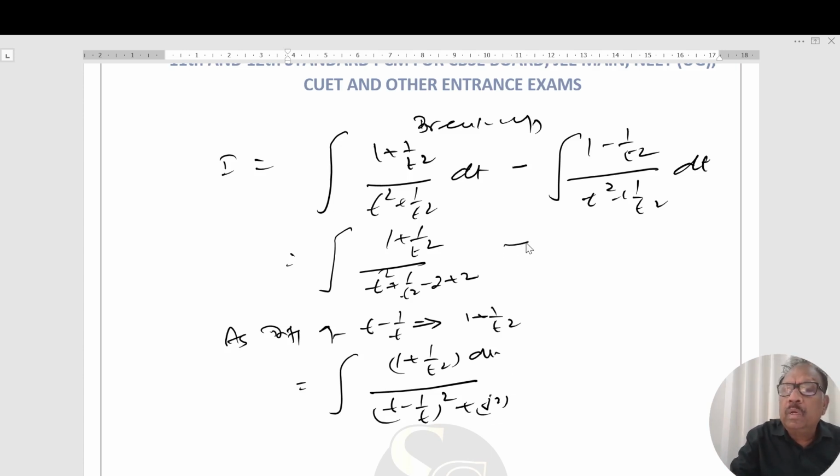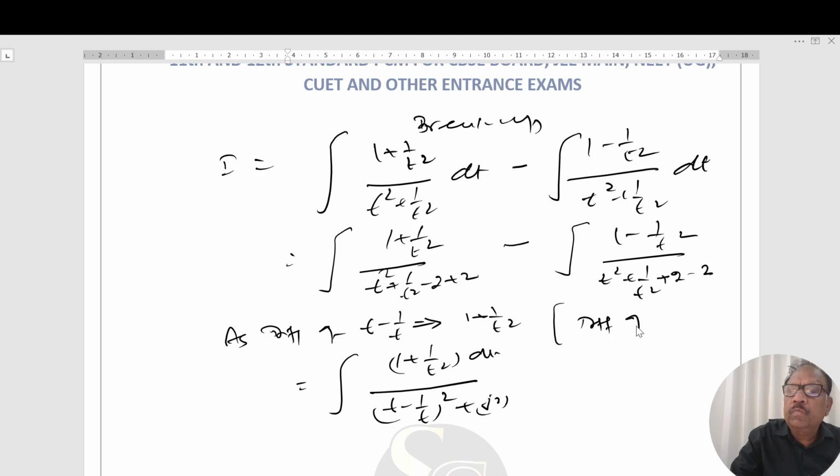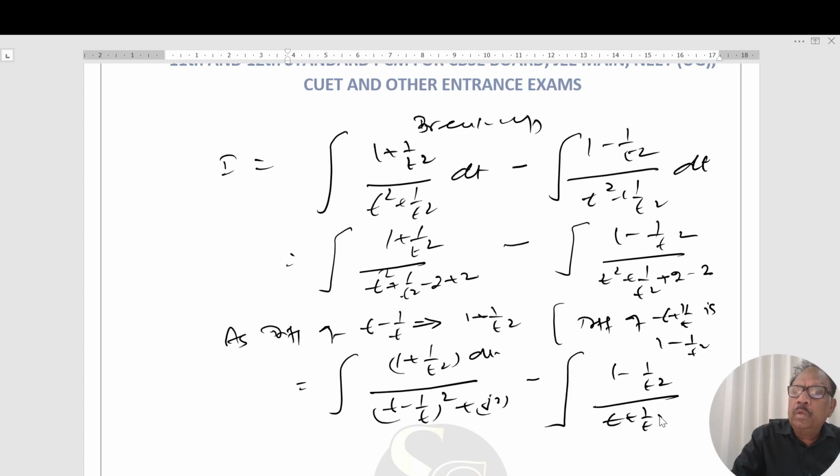Similarly here, minus, t square plus 1 over t square minus 2 plus 2. Differentiation of t plus 1 over t is 1 minus 1 by t square. So making a perfect square in the denominator, 1 minus 1 by t square upon t plus 1 over t whole square minus root 2 whole square.